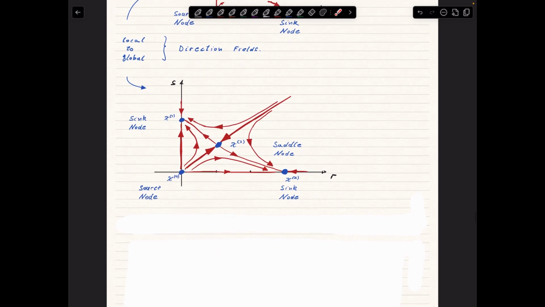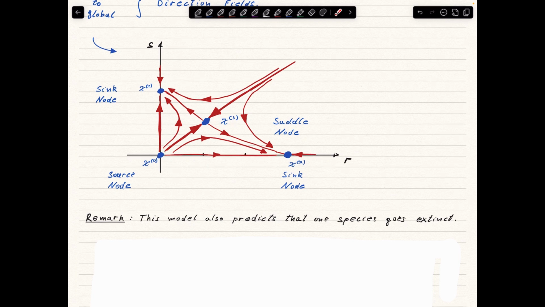One last comment on this picture before we move on. This model also predicts that one species goes extinct, because what happens if we give initial data here? The solution goes to that critical point, which means that the sheep go to 0, but the rabbits don't go to infinity, they go to that point.